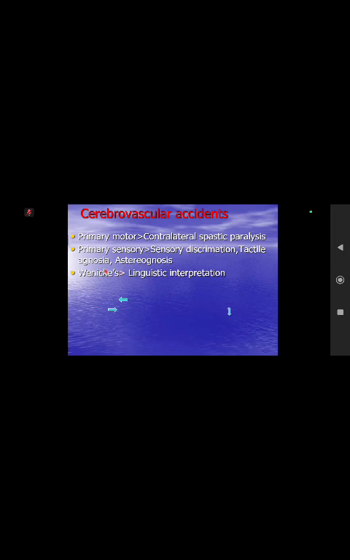So if the middle cerebral artery is affected, which supplies this area, then there is a loss of linguistic interpretation. And remember, there is also what you call brain dominance. The left brain is dominant for language. If the left part of the brain is affected, then you have more loss of language interpretation than if the right was affected.